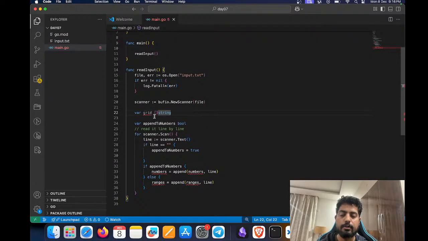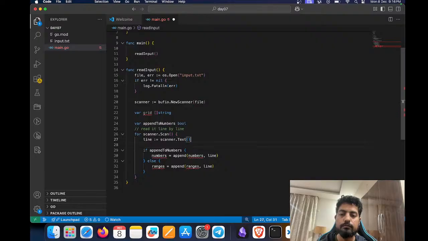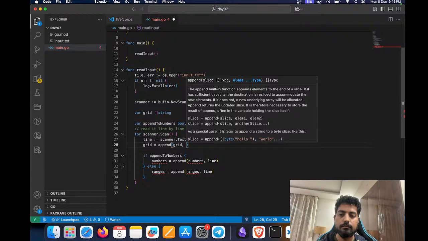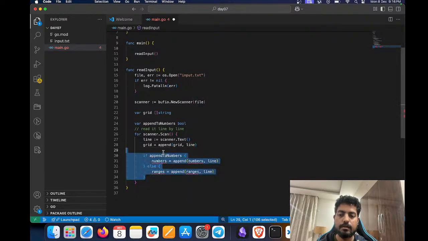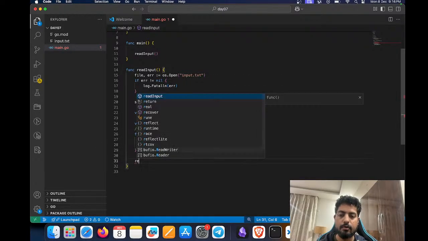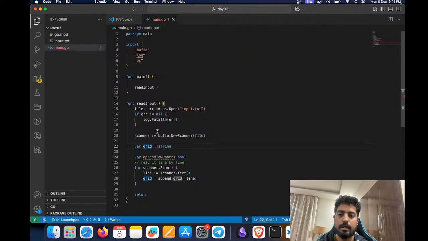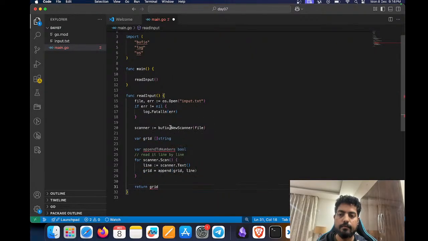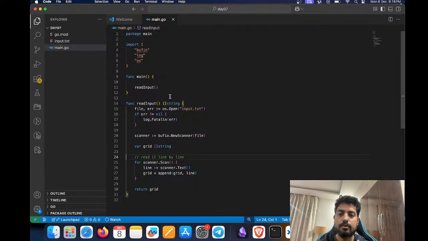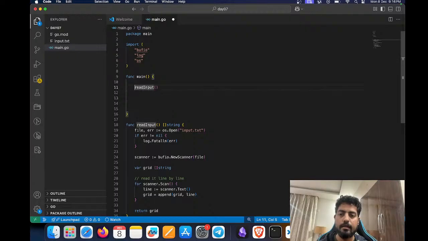So this grid is actually an array of strings, and each string is a row in this input. I'll just read this line and append it as part of the input and return grid.